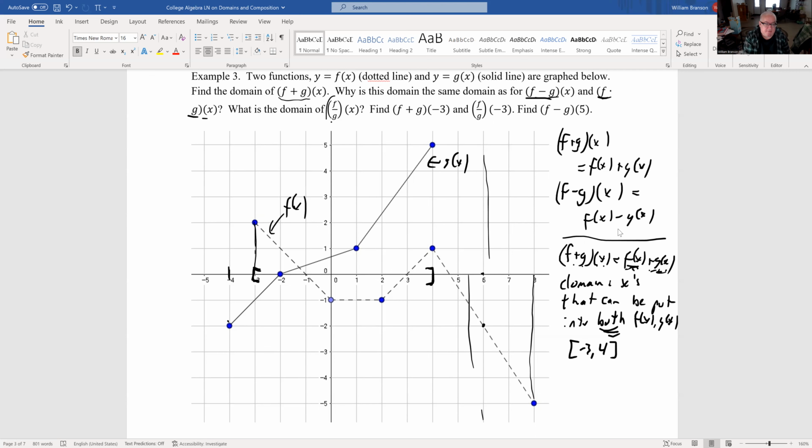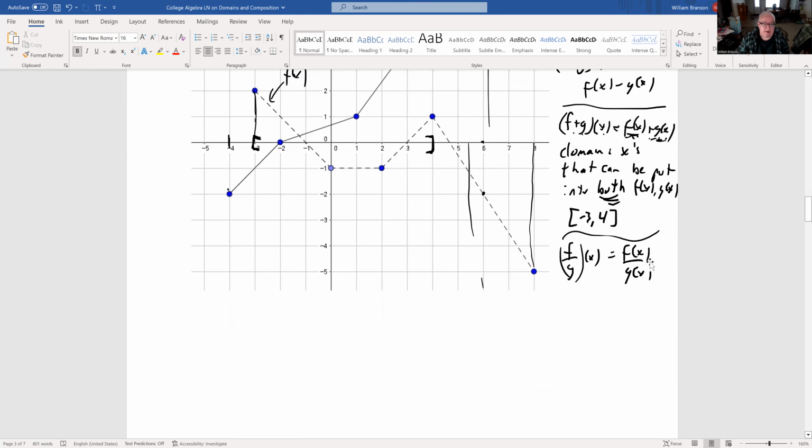We have to be a little bit careful about division. And this is f of x over g of x, because you have to be careful about where g of x is equal to 0. And g of x is equal to 0 at minus 2. And that's a bad point because it makes the denominator 0.